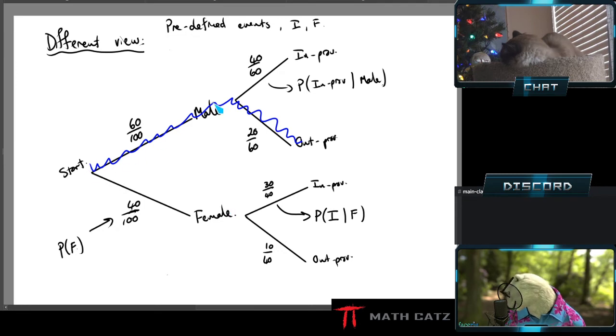I would have taken the top branch for my first question, then the bottom of the next two for my second question. So every combination is covered here. Male in province, male out of province, female in province, female out of province. Now I can answer any question using this diagram as well, instead of the table. Let's run through the questions.